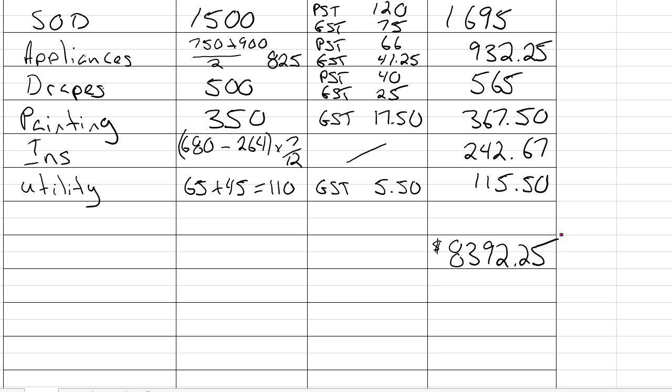Now there are a few things here that you may not have to do right away, such as the sod or the appliances or the drapes, but usually when somebody moves in, that's the time they think is best to do this type of stuff. So on top of the Baileys' purchase price, they would have to come up with $8,500 in order to meet all these additional costs before they can take possession.